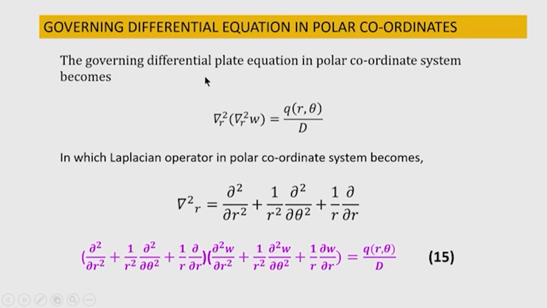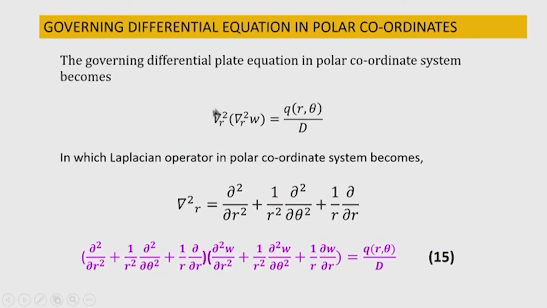But we have now known this transformation of the Laplacian operator from the rectangular system to the polar coordinate system. So, we can now write this plate equation in the polar coordinate system as del r square into del r square W, where del r square is the operator consisting of these three terms: del square by del r square plus 1 by r square del square by del theta square plus 1 upon r del by del r.